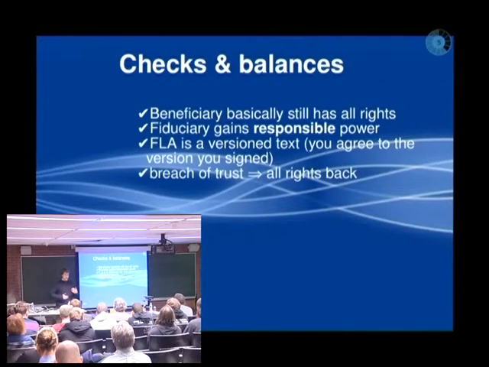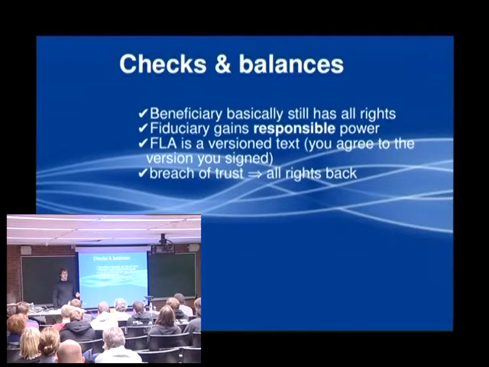So, as you can see, there are some carefully selected checks and balances that make sure that the project stays free software. And one of the biggest checks and balances comes already from the name of the document, the Fiduciary Licensing Agreement, fiduciary meaning trust.